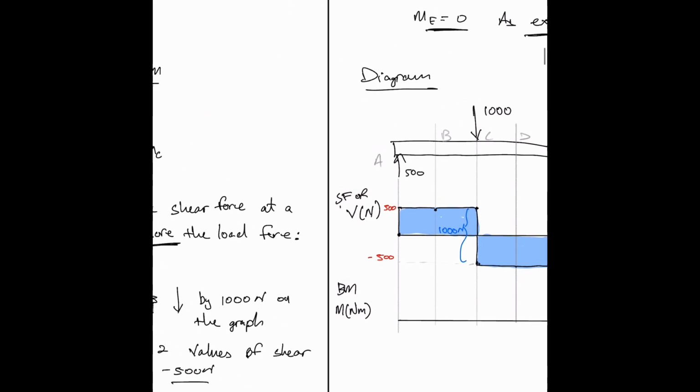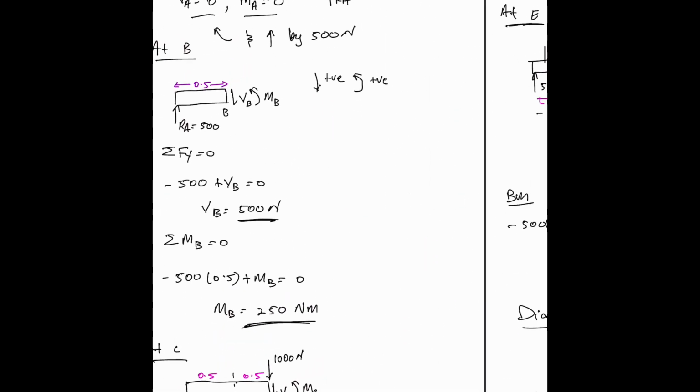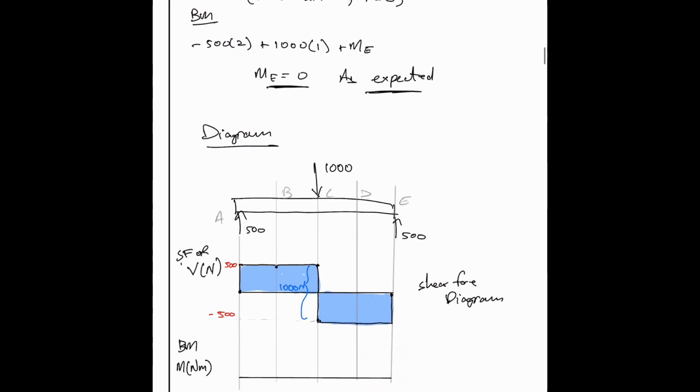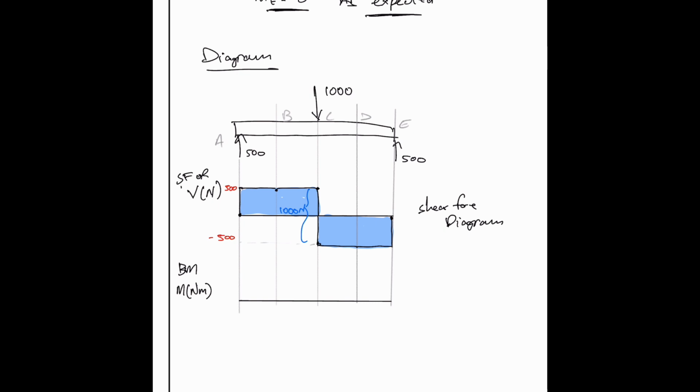At A, we know that pivot end, MA is 0, and MB is 250. Let's write in these things so we know what's going on.